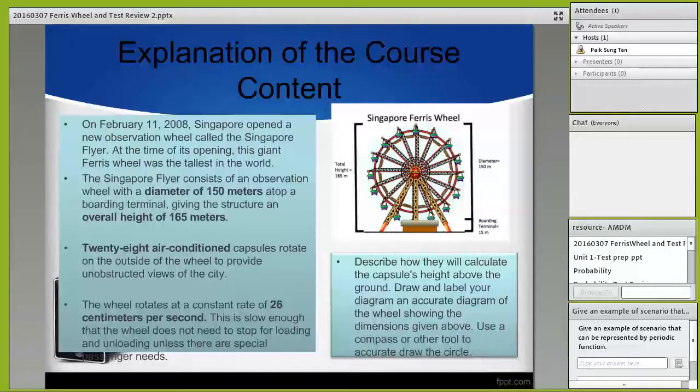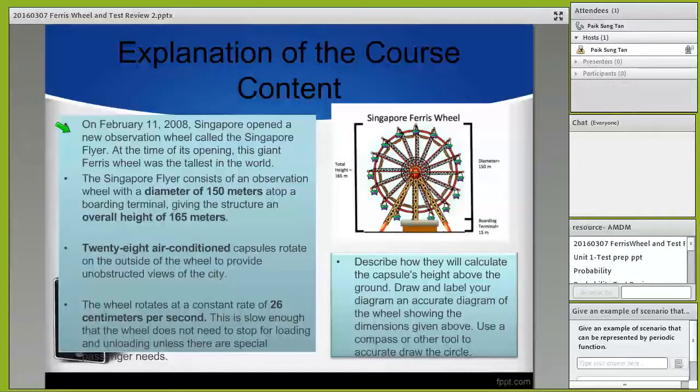On February 11, 2008, Singapore opened a new observation wheel called the Singapore Flyer. At the time of its opening, this giant Ferris wheel was the tallest in the world.